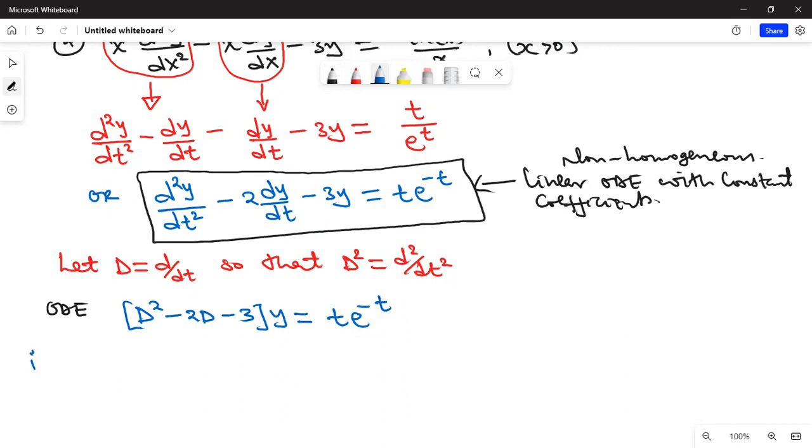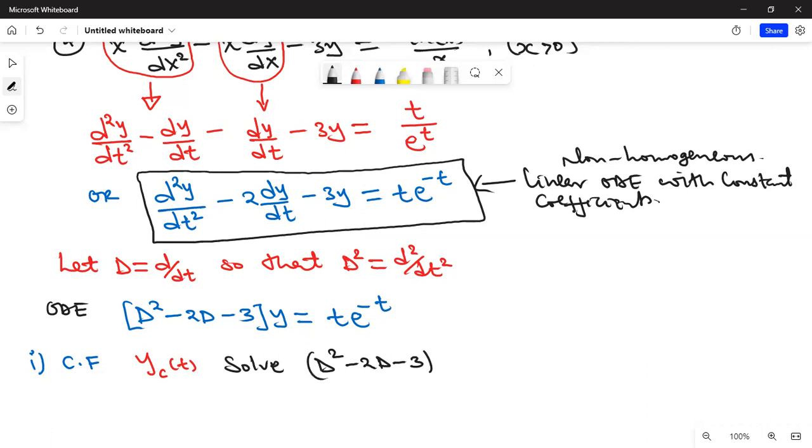Now, Roman 1, you write complementary function. That is denoted by yc. Remember now it is a function of t. So how do we get it? You need to solve the homogeneous part of this equation, that is d squared minus 2d minus 3.